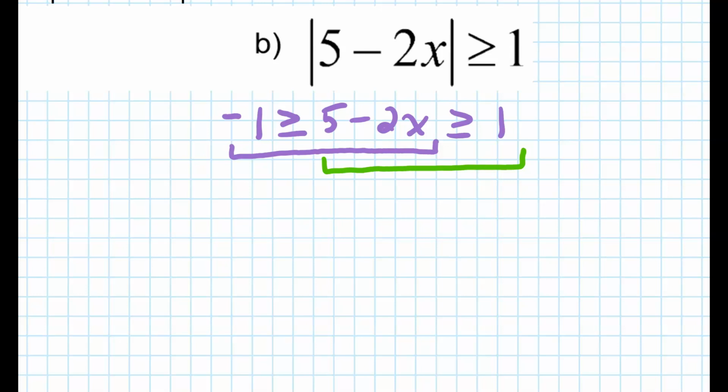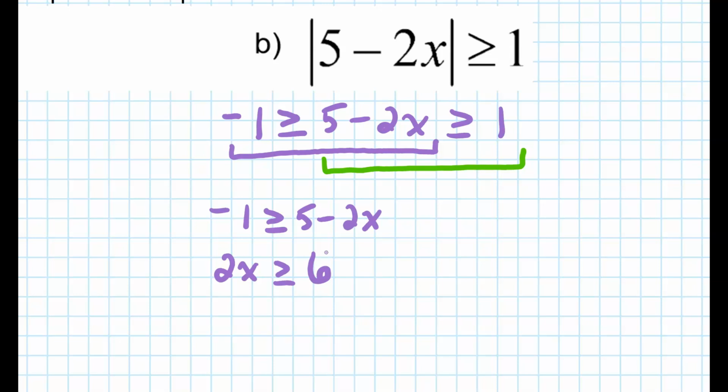So I'm going to start with the first one. -1 is greater than or equal to 5 minus 2x. So again, I'm going to move that -2x to the other side because I don't like working with negative variables. So that becomes positive 2x over here is greater than or equal to. I'm going to move the -1 to the other side, so that's going to become 6 over here. What would happen if I left the -2 on the right side and ended up having to divide by a negative?